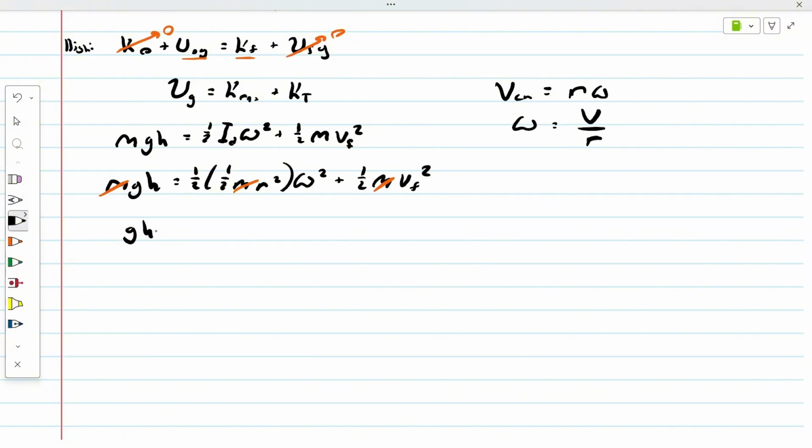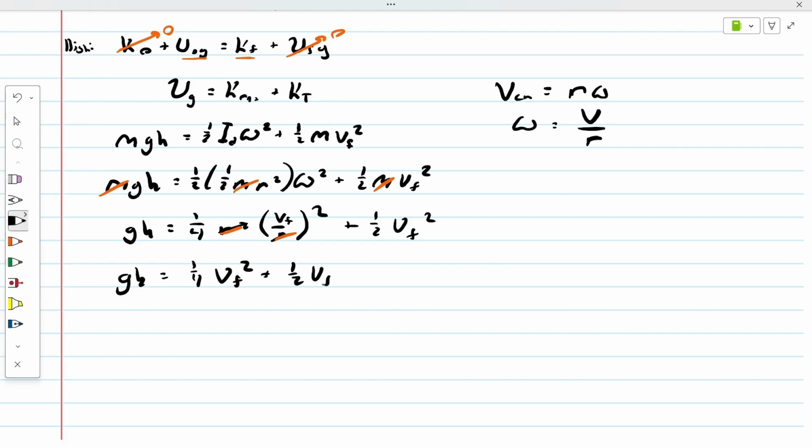So we have gh equals, I'll combine these fractions to be 1/4 radius squared, and this is velocity over radius, and this whole thing is squared, plus 1/2 vf squared. And so this will be the final, because we're looking at the final rotational velocity as well. And so now this radius is going to cancel with this one, because this whole thing is squared. And so we just get gh equals 1/4 vf squared plus 1/2 vf squared.